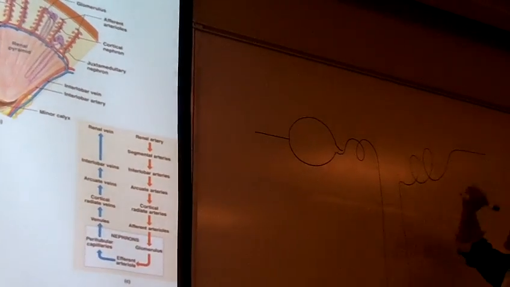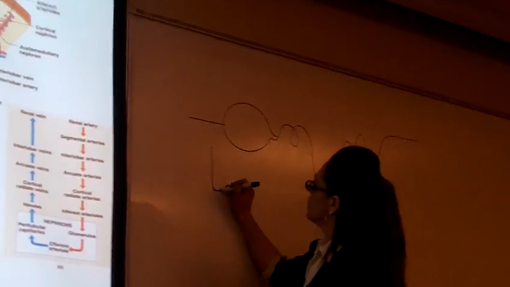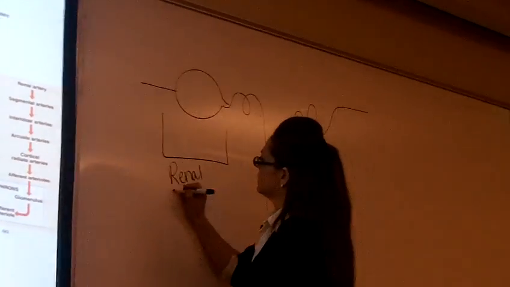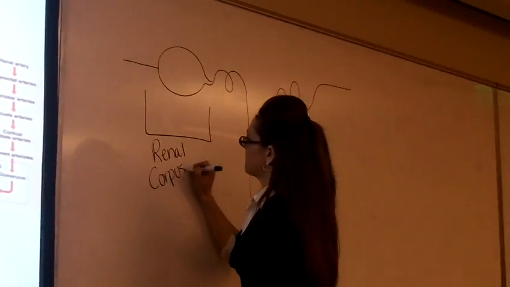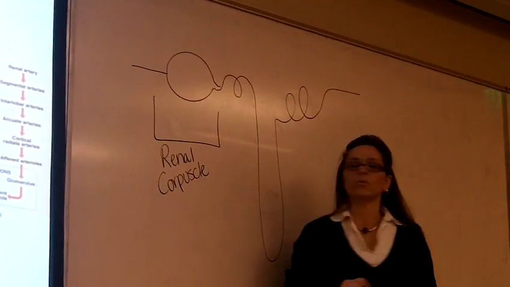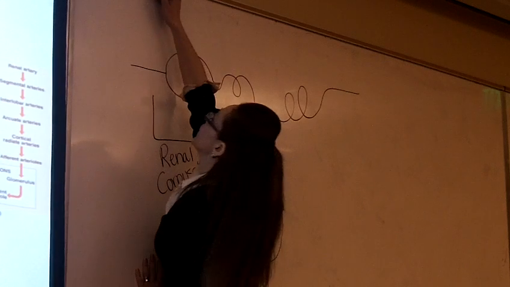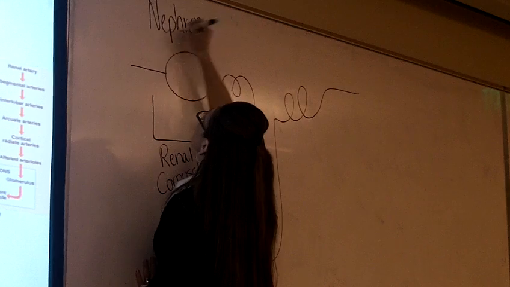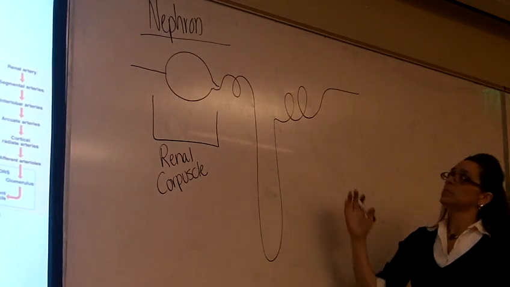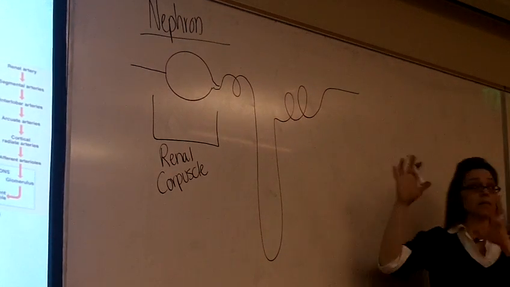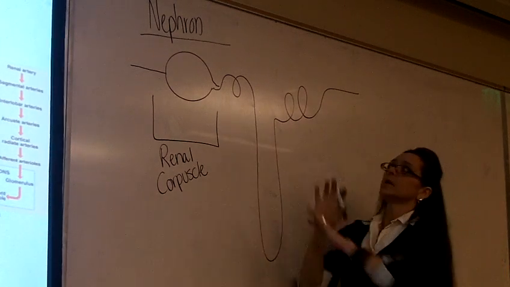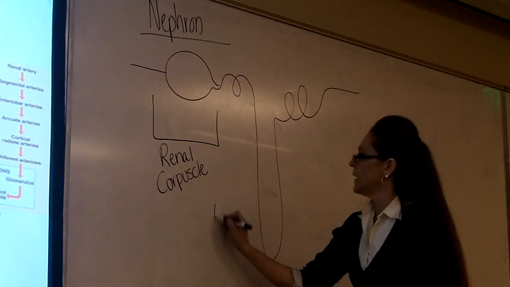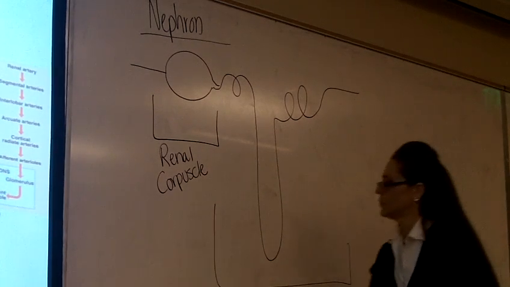Let me just draw this out here. Okay, so the first part is the renal corpuscle. So this is all part of the nephron. And again, you're going to have about 1.5 million of these in each kidney. So the nephron consists of two major parts, the renal corpuscle and then the renal tubule.